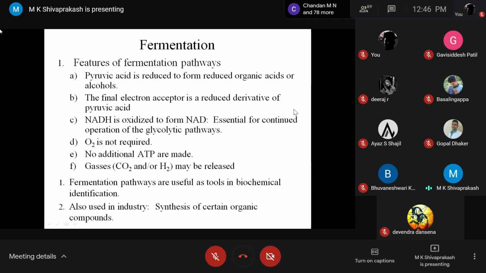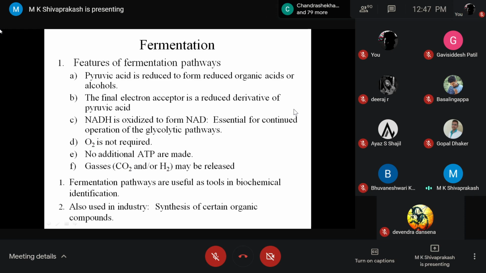So the features of the fermentative pathways: at the beginning of the fermentative pathways of all the organisms which follow fermentation, the glycolytic pathway is common in all of them.